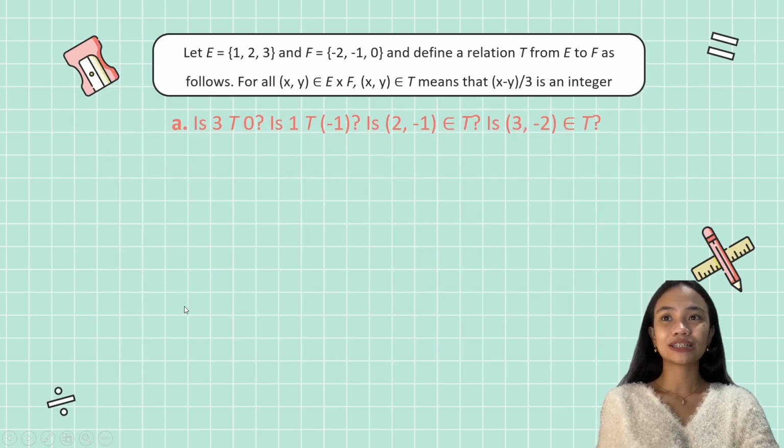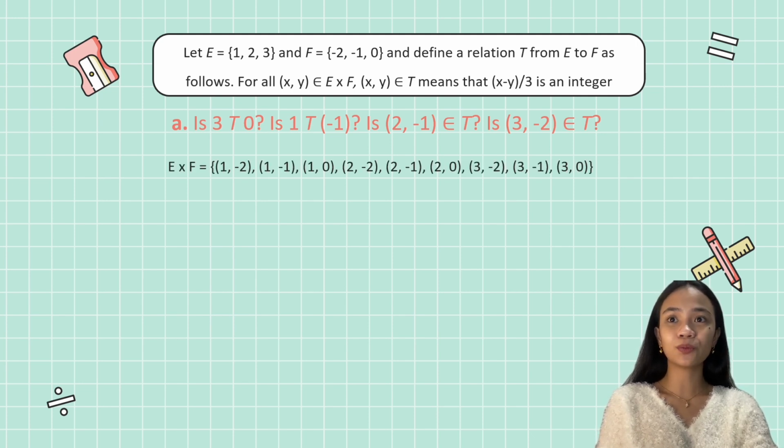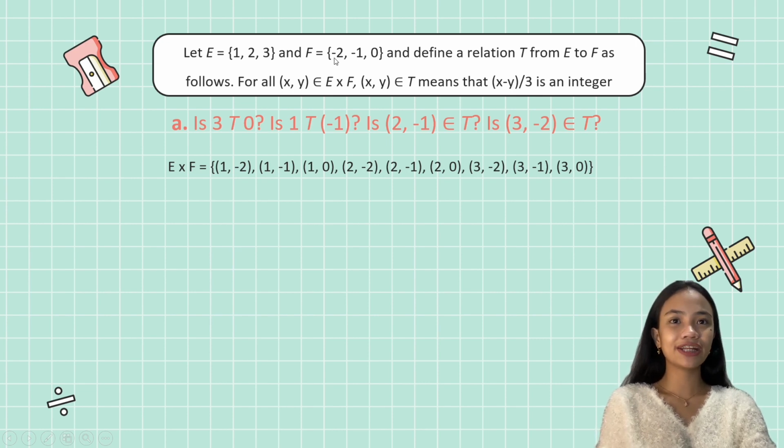For the first question, we have to get first the product of E and F. So that would be 1, -2, 1, -1, 1, 0, 2, -2, 2, -1, 2, 0, 3, -2, 3, -1, and 3, 0.